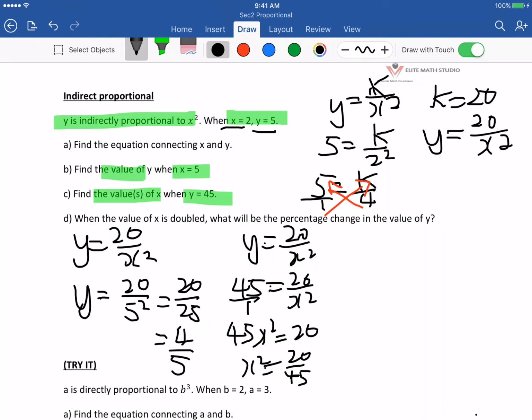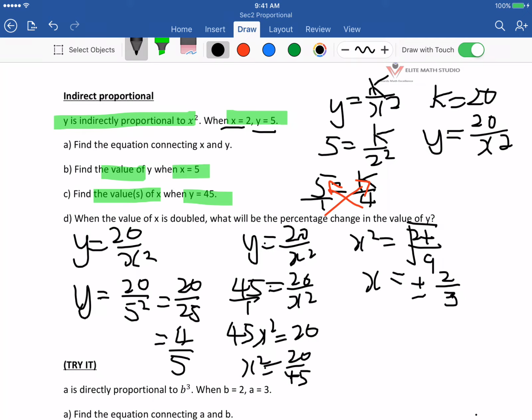Then what you do is reduce to the lowest terms. Divide by 5, we get 4 over 9. So x equals square root of 4 over 9. 4 over 9 is actually what? Plus minus 2/3. That's the answer. Plus minus 2/3.